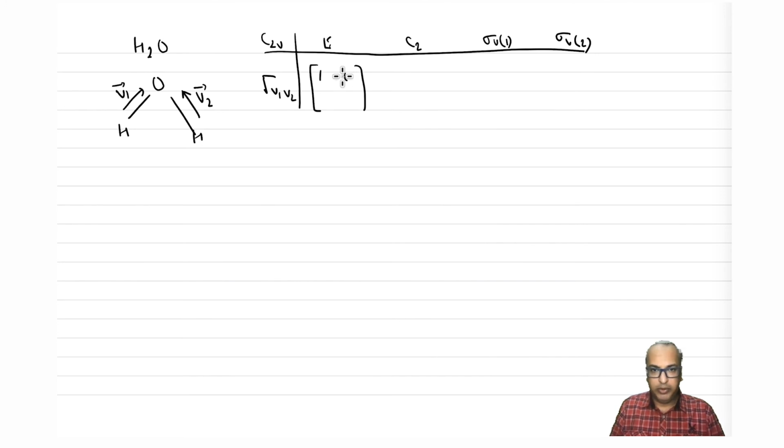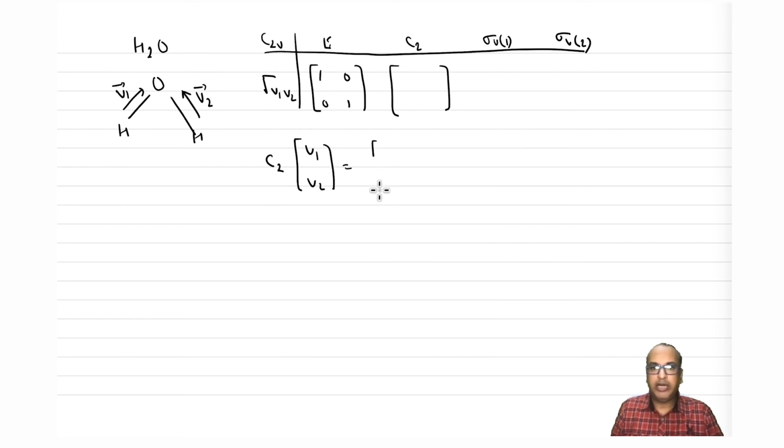So E will be the 2 cross 2 identity matrix. Now for C2, if we apply C2, V1 will be replaced with V2 and V2 will be replaced with V1. In other words, if we do C2 matrix onto V1 V2, what we get is V2 V1, right? So I can say that this will be 0 1 1 0.